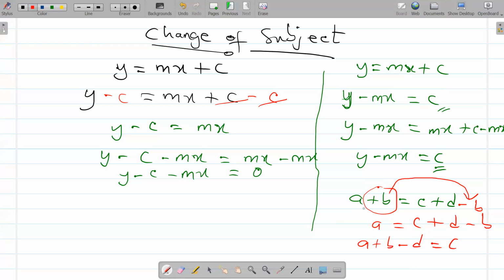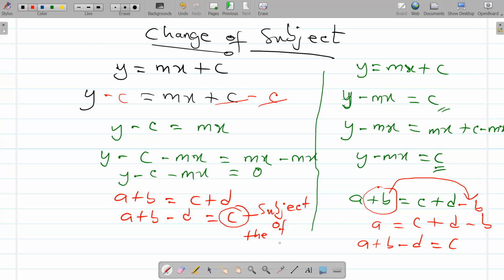I'm saying if we have A plus B is equal to C plus D, and we are moving the D to this side, when the D moves, it becomes negative. So A plus B minus D is equal to C. Once we have one letter standing at one end of the equation, this becomes the subject of the equation.